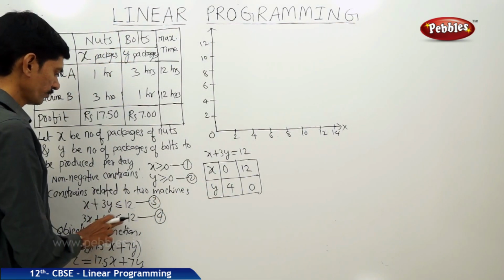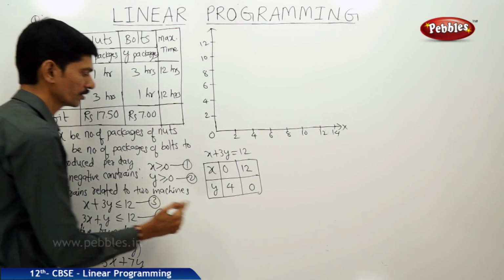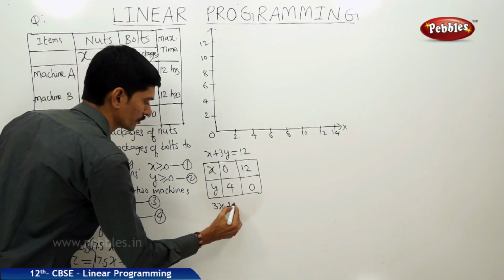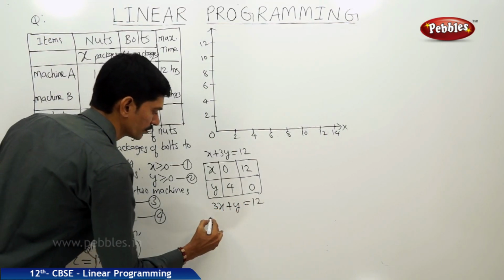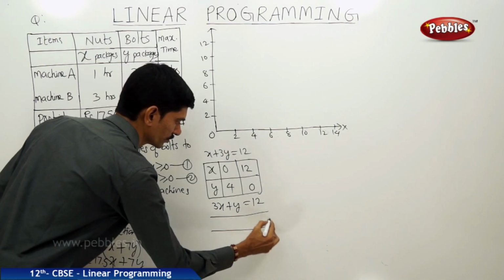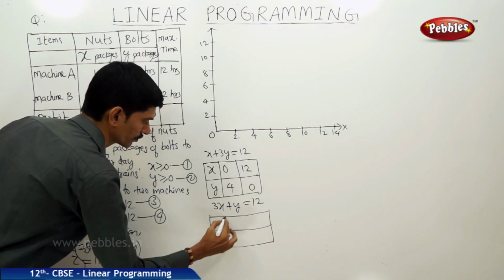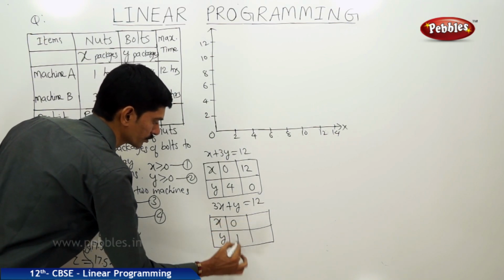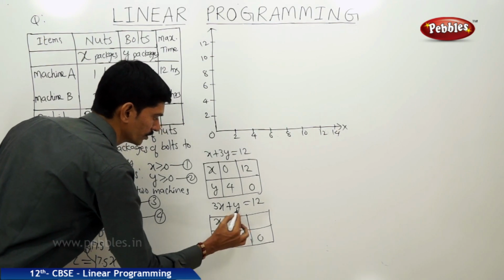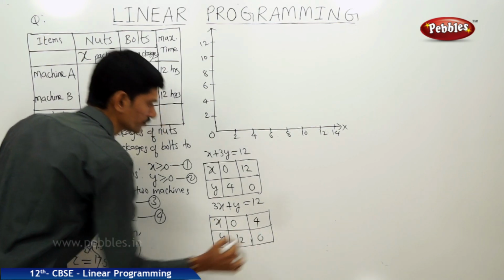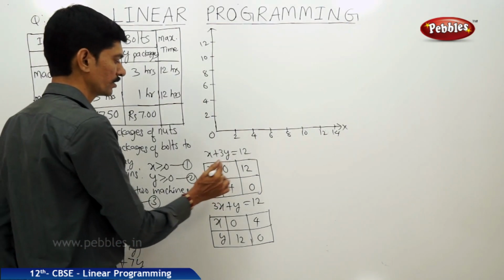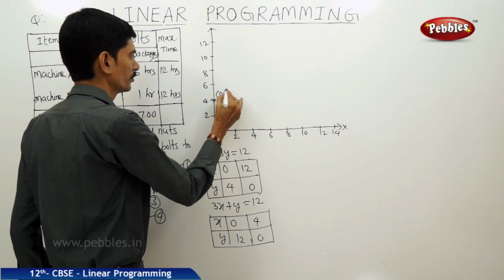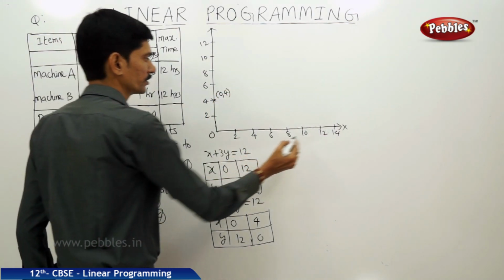Now the fourth inequation, 3x plus y less than or equal to 12. So we will take 3x plus y equal to 12, the table of ordered pairs. X, y. If x value is 0, then y value is 12, and if y value is 0, then x value is 4. Now first we will draw 0, 4 and 12, 0.